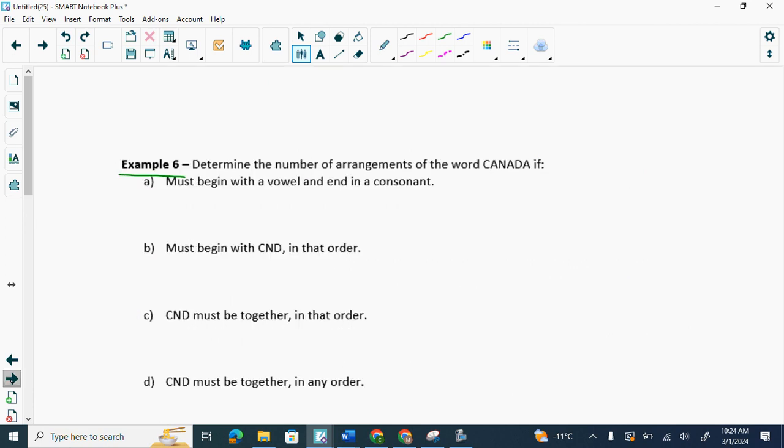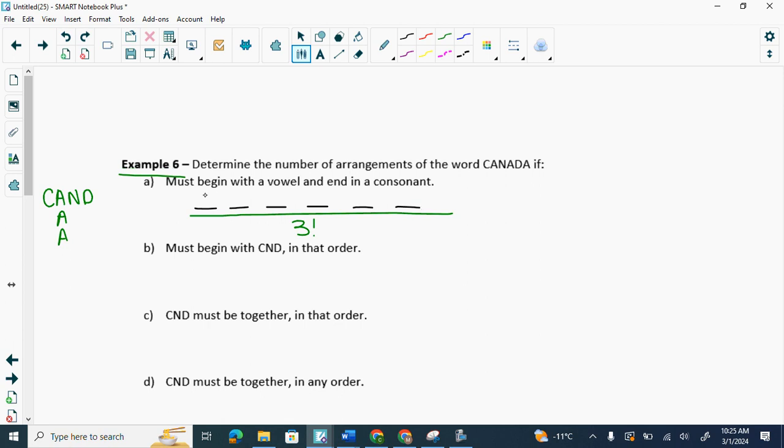All right. So this one says, determine the number of arrangements of the word Canada. C-A-N-A-D-A. Every one of these can be divided by 3 factorial. Do we agree? So it must begin with a vowel and end in a consonant. Canada has 6 letters. 1, 2, 3, 4, 5, 6. Begin with a vowel.